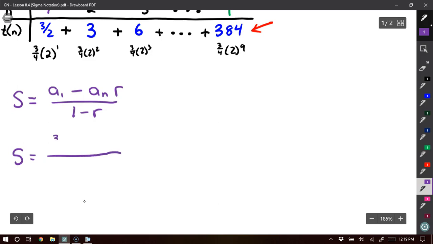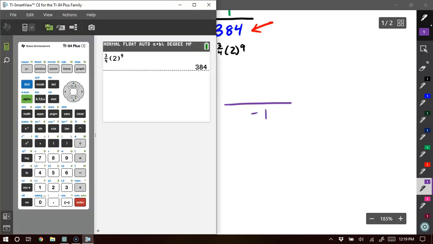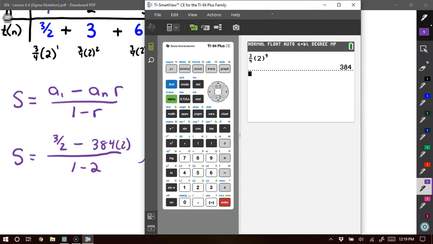So I'm going to put in 3 halves for a1 minus 384 times 2 on the bottom, 1 minus 2. Well, between the top and the bottom, the bottom's easy. I have -1. For the top, I'm going to have parentheses 3 halves minus 384 parentheses 2.